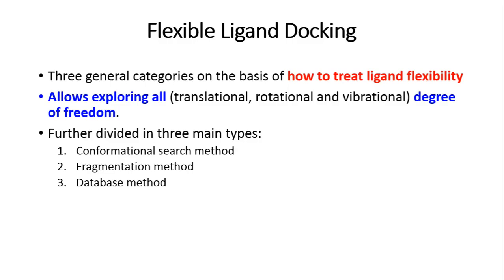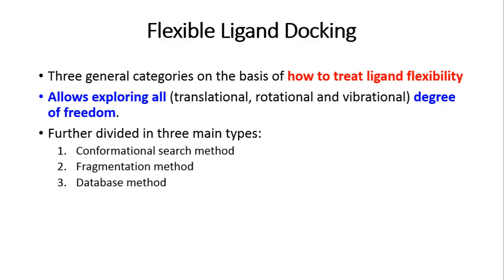Okay, so in the first category, rigid body docking, we don't consider flexibility in the ligand and in the receptor, both are considered rigid. But now onwards, in this case, flexible ligand docking, we would consider your protein to be rigid, but we would consider flexibility of your ligand. That is, we would treat your ligand as flexible rather than rigid.